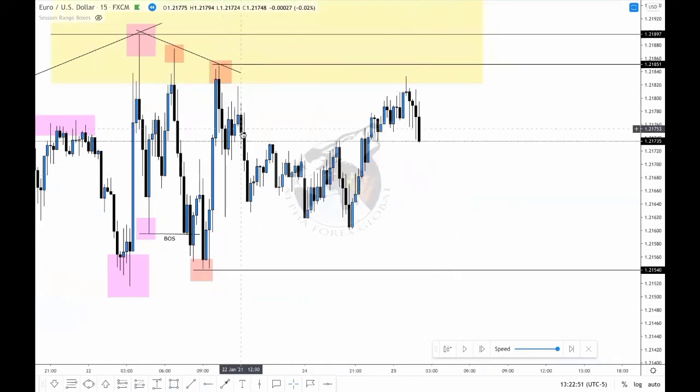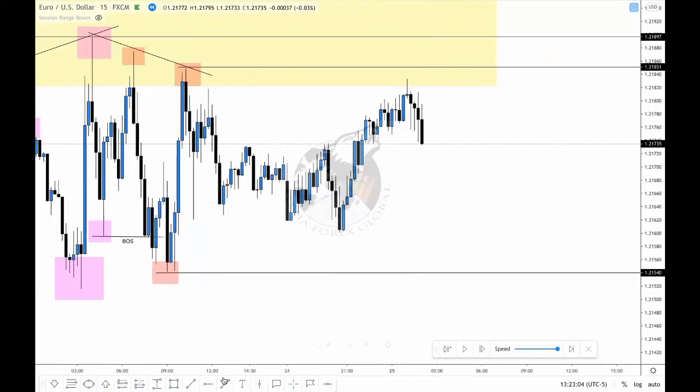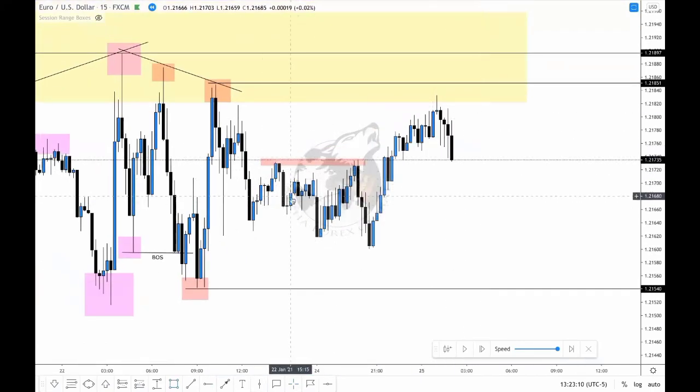So we saw market push down. All of this is just a correctional move, because we're trading within this zone. Once it is not broken, the market can do anything right here. So within this zone, we saw market created liquidity, right? We saw market created liquidity.